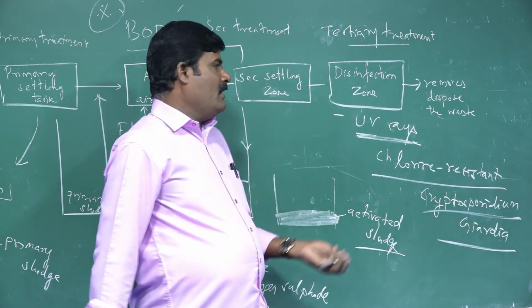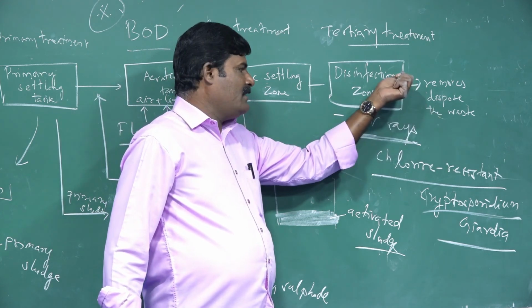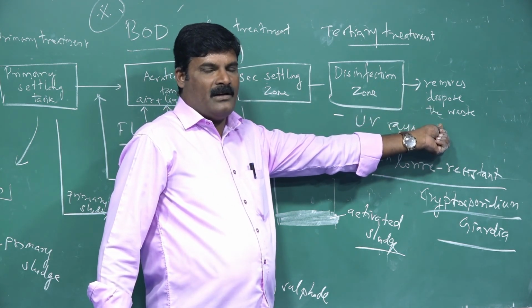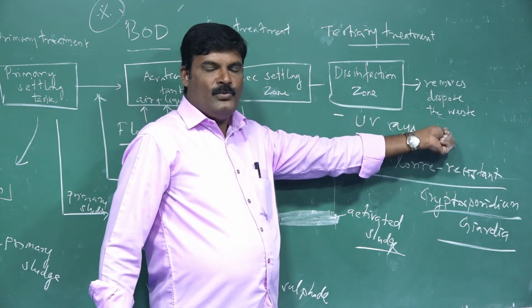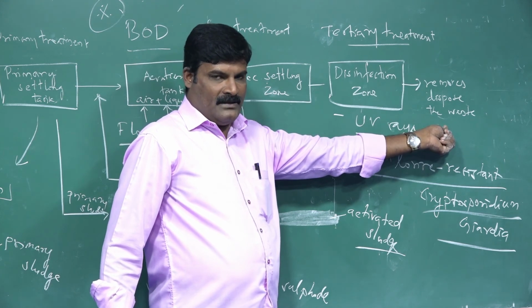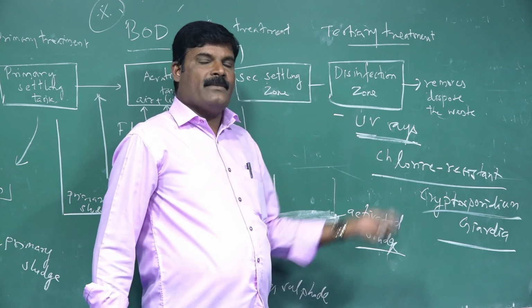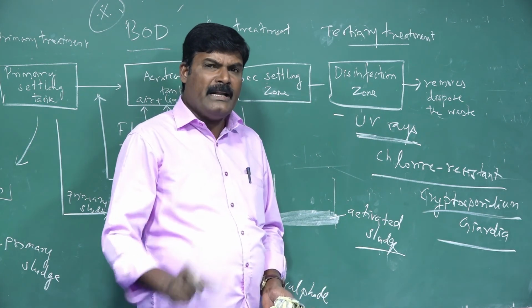Finally, this water is discharged into natural water bodies like lakes or rivers, or used for other purposes. That is tertiary treatment, the final process which improves and monitors the water quality.